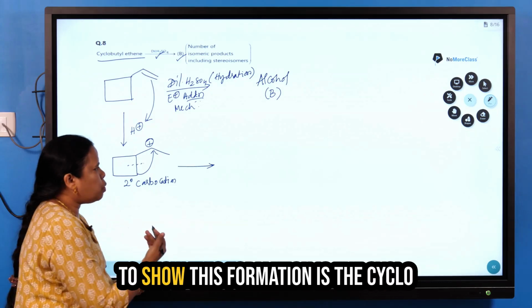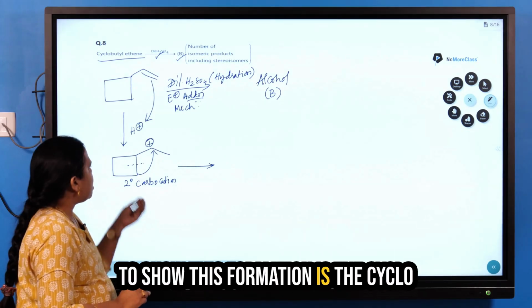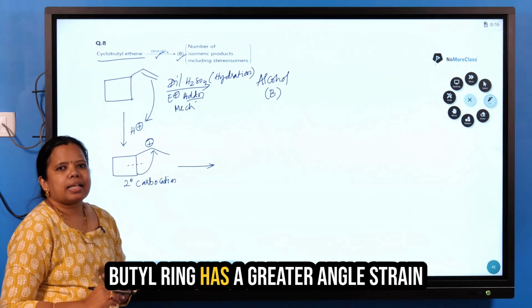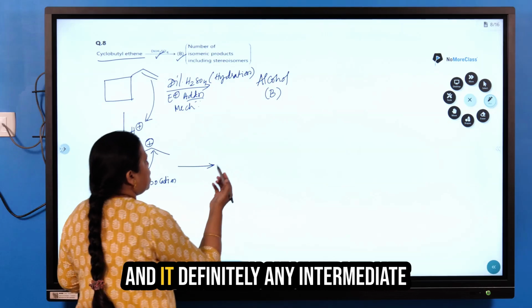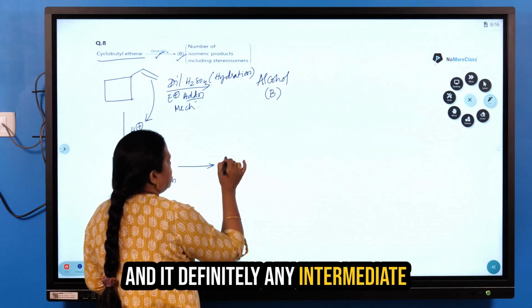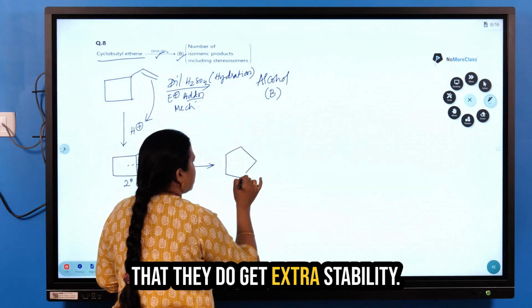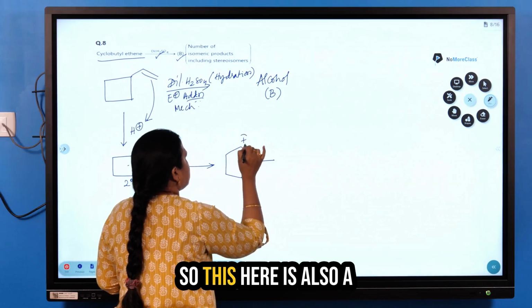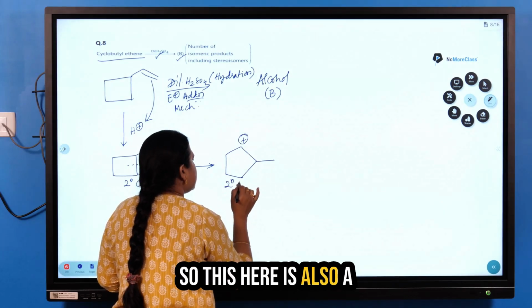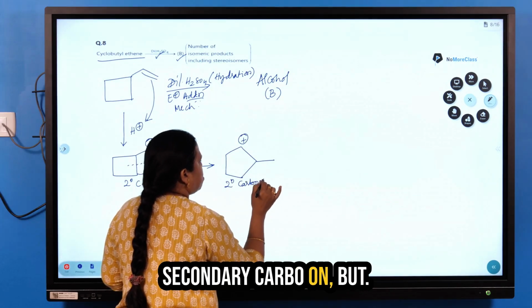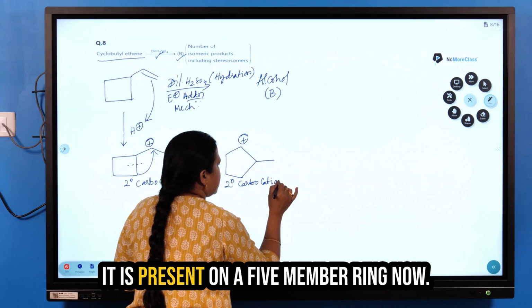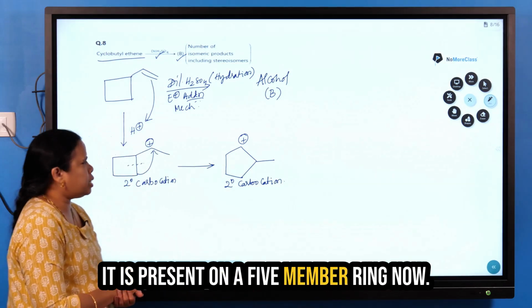Why we have to show this formation is, the cyclobutyl ring has a greater angle strain, and any intermediate tries to rearrange in such a way that it gets extra stability. So this here is also a secondary carbocation, but it is present on a 5-membered ring now.